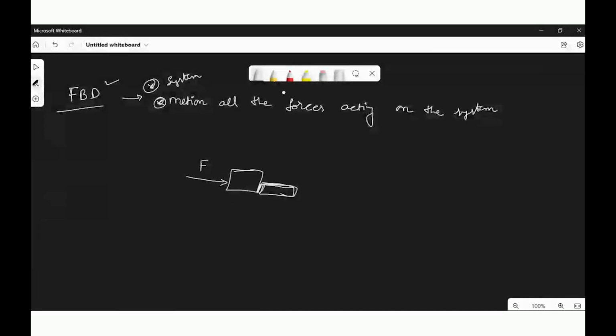If this is my system, I should consider only that block and draw the forces acting on it: some force in this direction, the weight acting downward, and, if it is kept on a surface, a normal reaction acting on this body because of the surface.